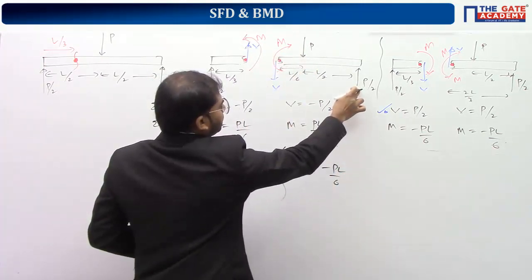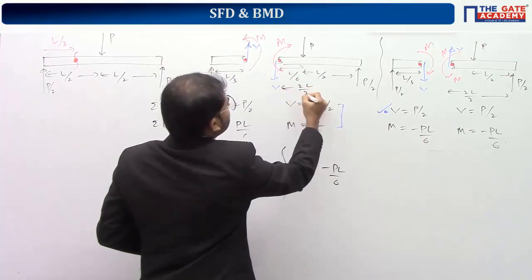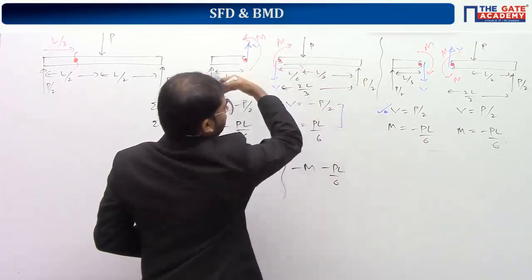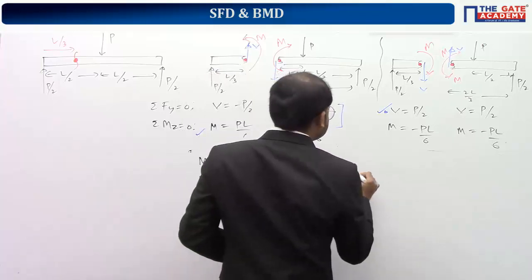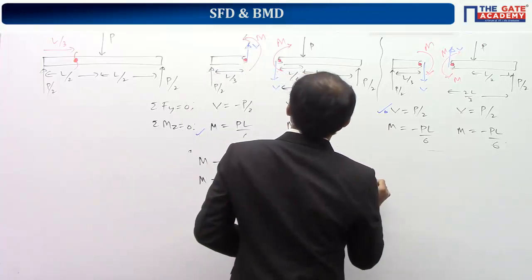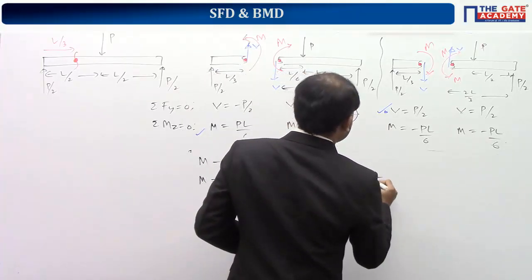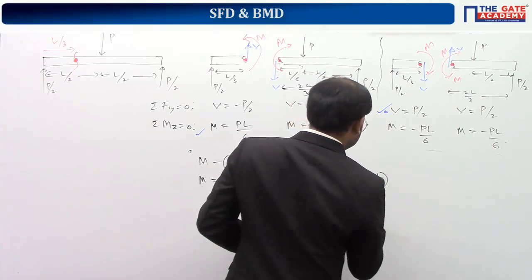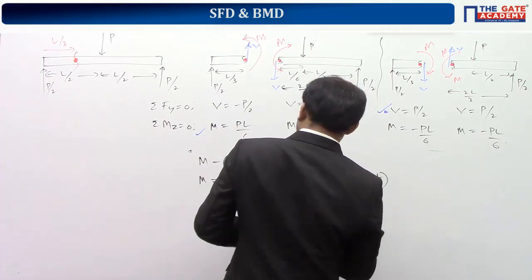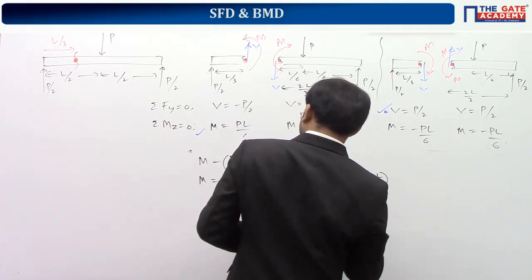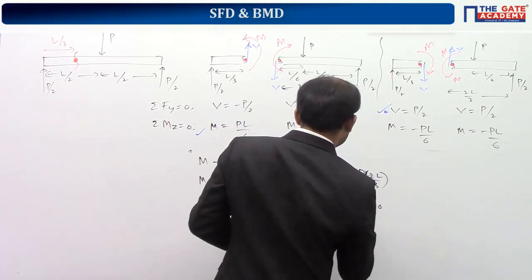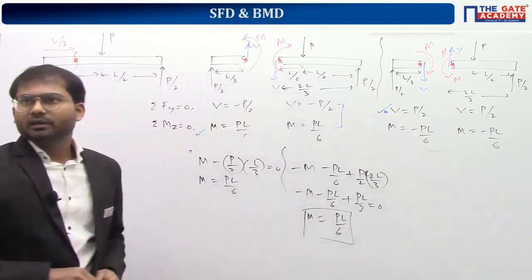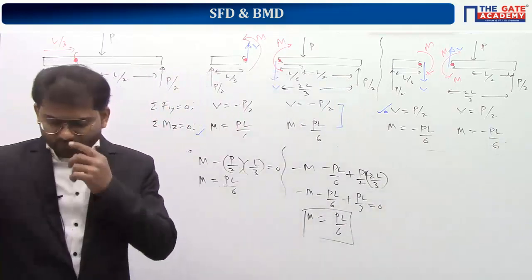P by 2 acts at a distance of 2L by 3 in the anti-clockwise sense, so positive: plus P by 2 into 2L by 3. This gives minus M minus PL by 6 plus PL by 3 equal to 0. You will get the same value, M equal to PL by 6. Clear? Understood? This is how you do it.